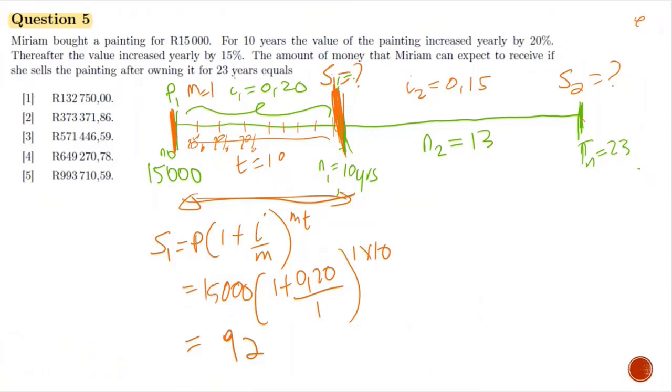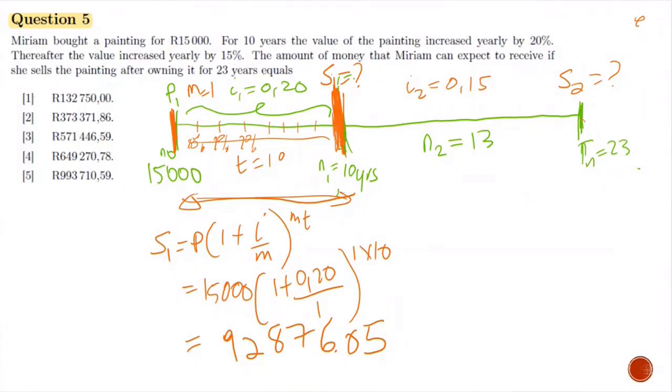So your S1 is going to be 92,876.05. That is the final value here. Then you continue with the second period, where you are starting with another value.